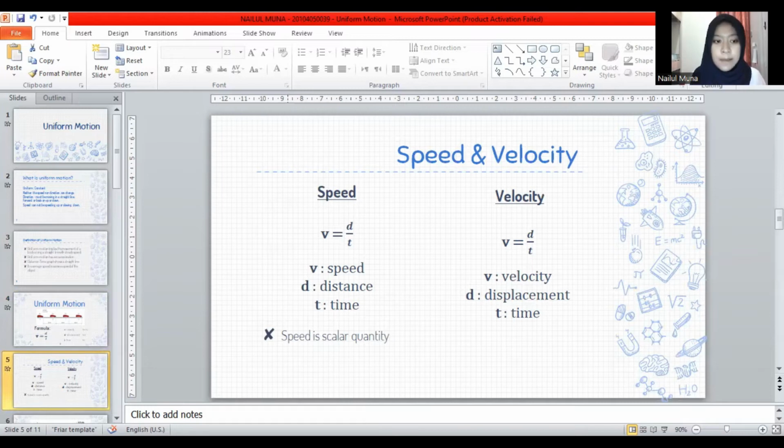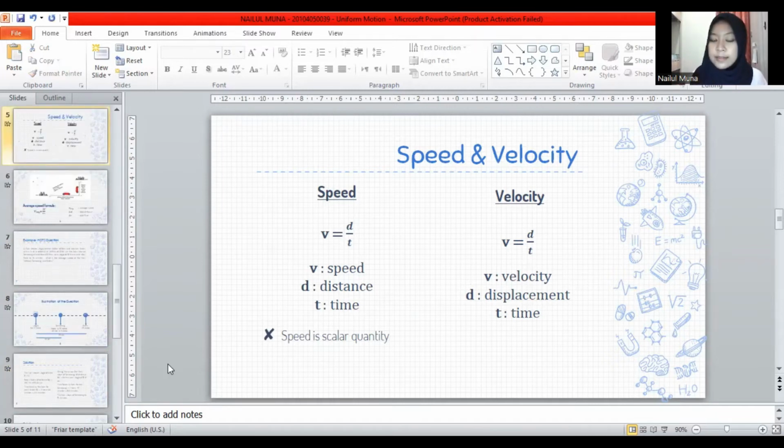And velocity means the distance that traveled by a moving body in a particular direction per unit time. And the formula between speed and velocity is same. V equals to d per t, but the d is different. D in speed mean distance, but d in velocity mean displacement.